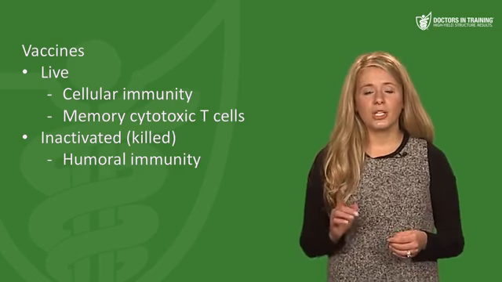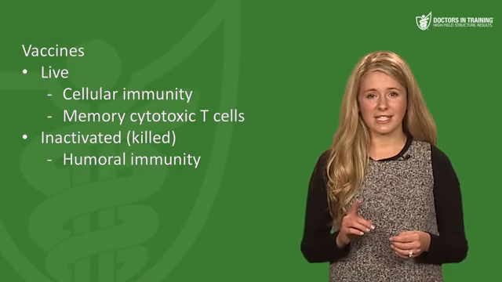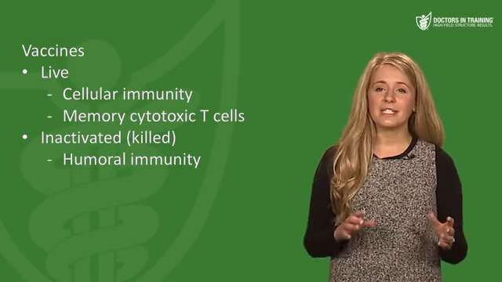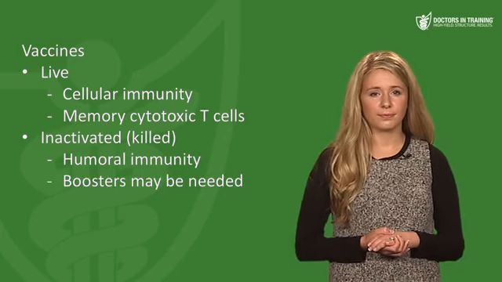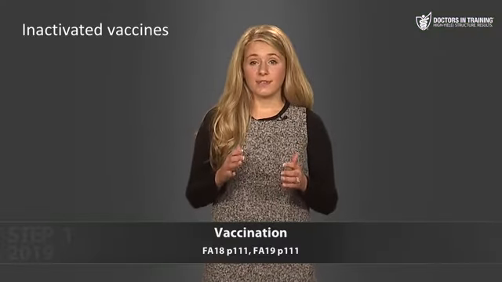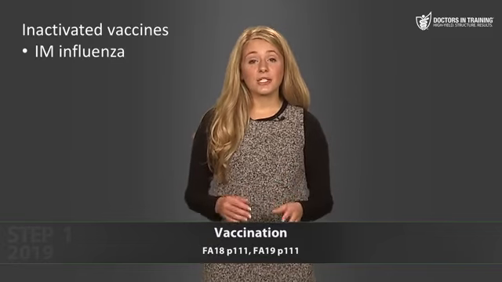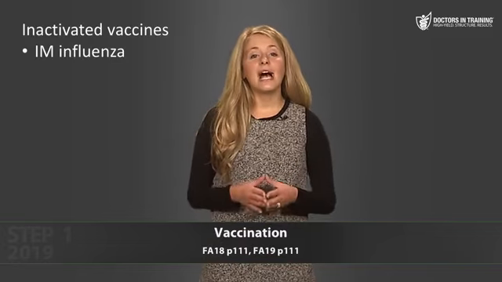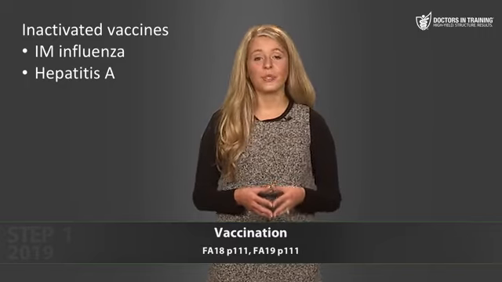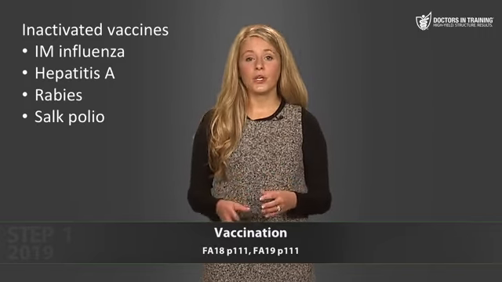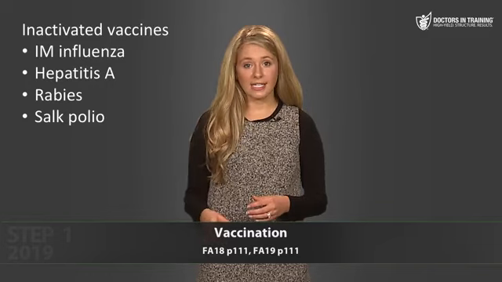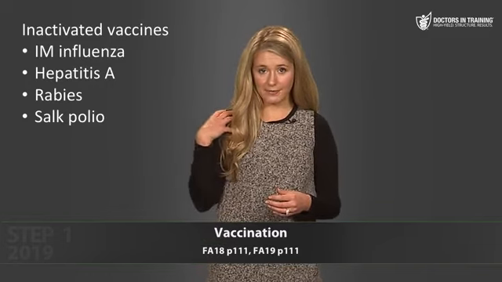But one issue with these inactivated virus vaccines is that in some cases the immunity can wear off, so a booster dose might be needed. Killed virus vaccines include the intramuscular influenza vaccine, hepatitis A vaccine, the rabies vaccine, and the Salk polio vaccine, which is not the oral polio vaccine, but the injected polio vaccine.